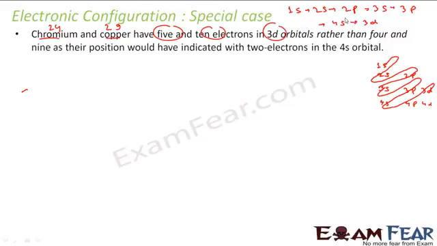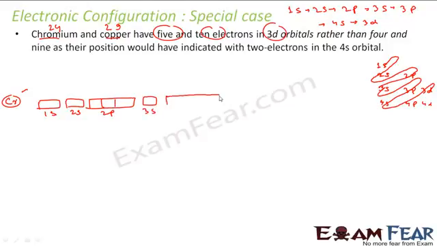This is the order of increasing energy I have. So chromium has 24 electrons. Let me draw the orbitals first: 1s, then 2s, then 2p, a little bigger, then 3s, then 3p, then 4s, and then 3d.